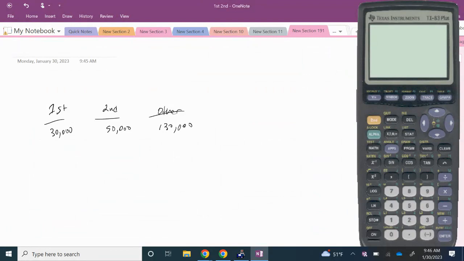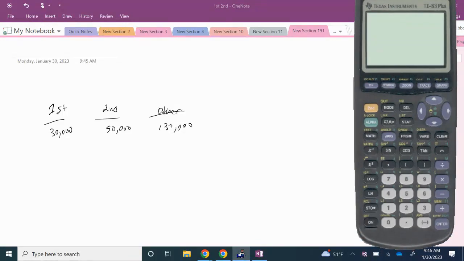Right. So as far as the mean is concerned, you would add up all of these numbers, right? 30,000 plus 50,000 plus 130,000. And I'm going to divide by 3.